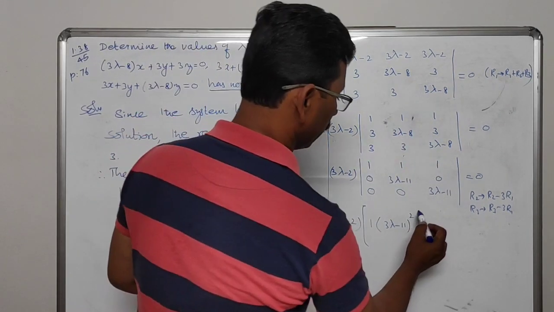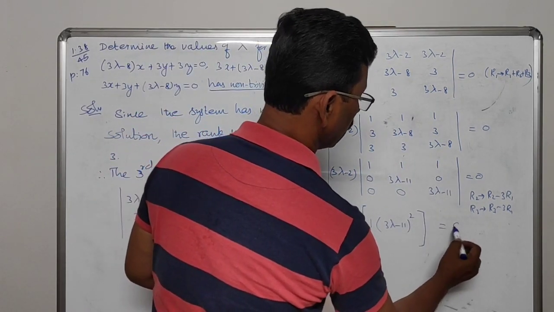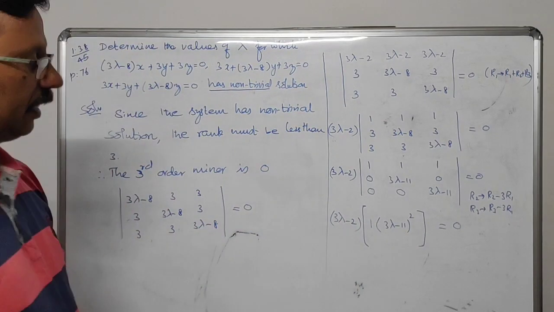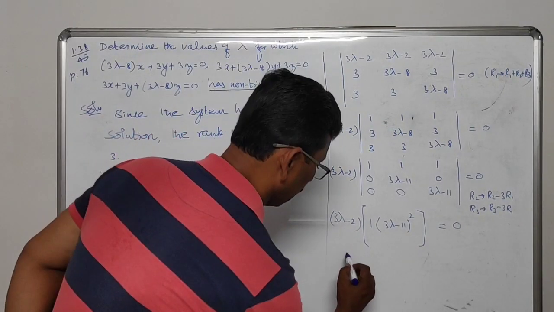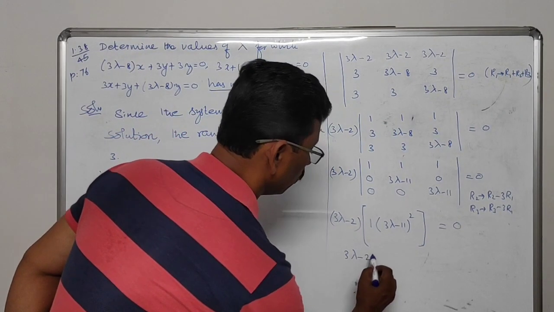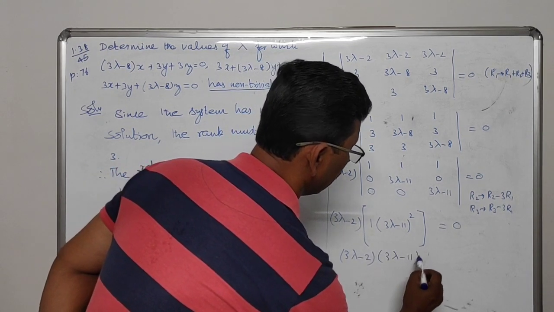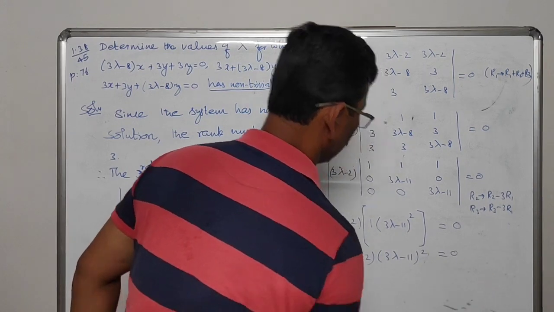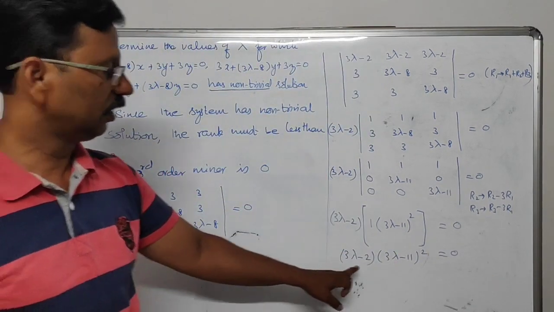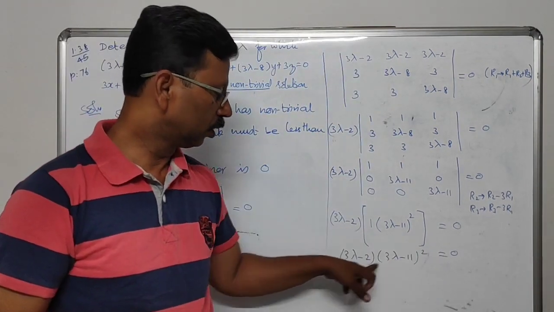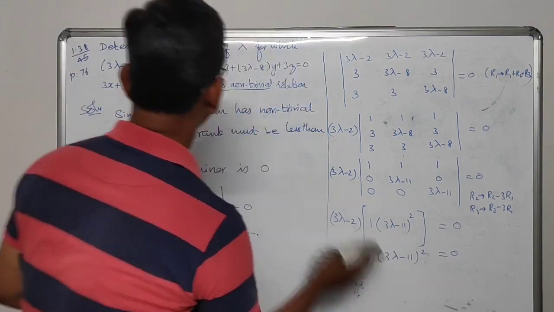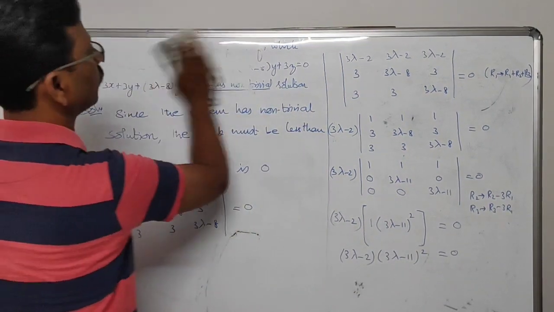Everything else will be 0, therefore you can leave it, which is equal to 0. Now you can write 3 lambda minus 2 into 3 lambda minus 11 whole square equal to 0. Now we have simplified. After this factorization, it is better to solve for lambda. It is a very easy process. Now listen, the next one.